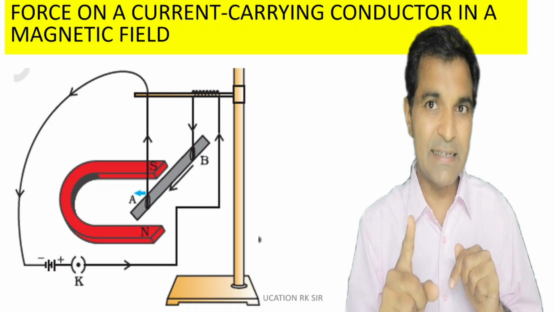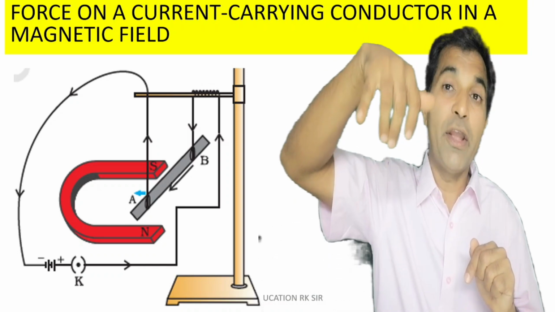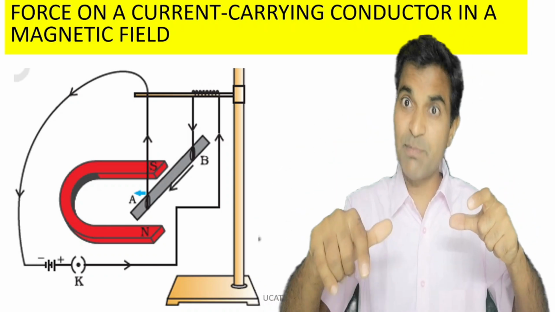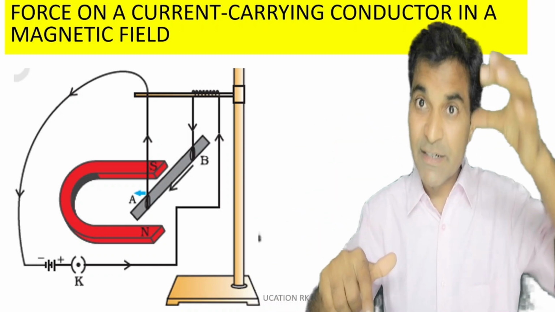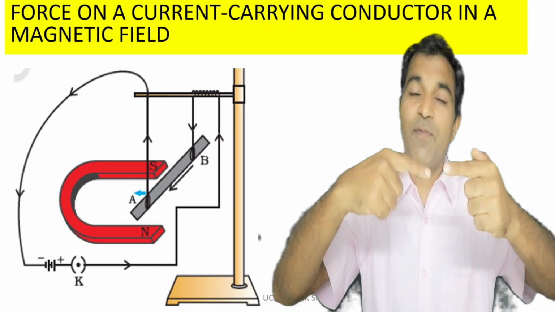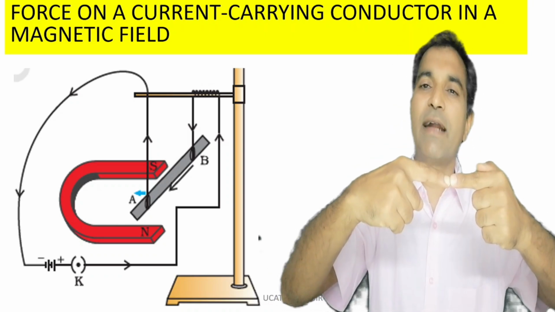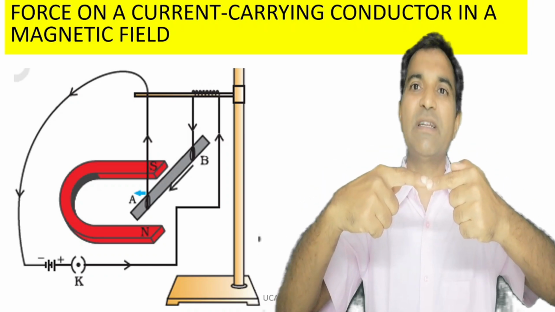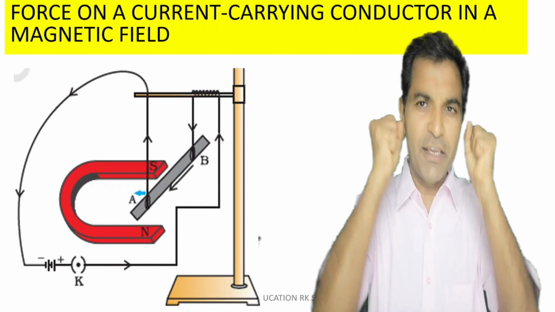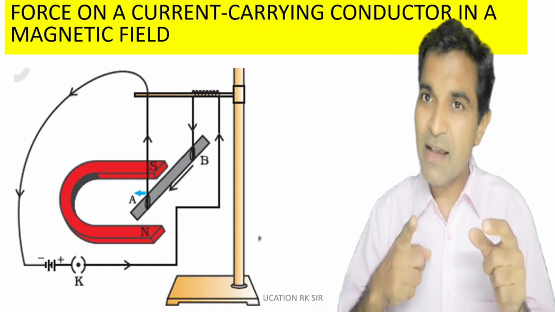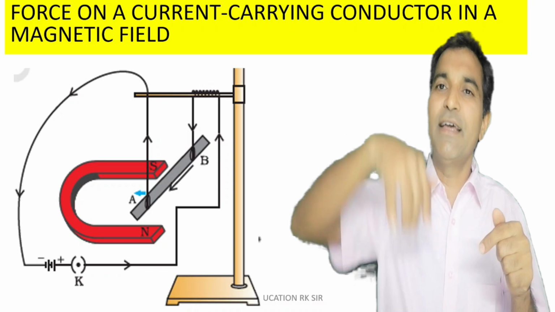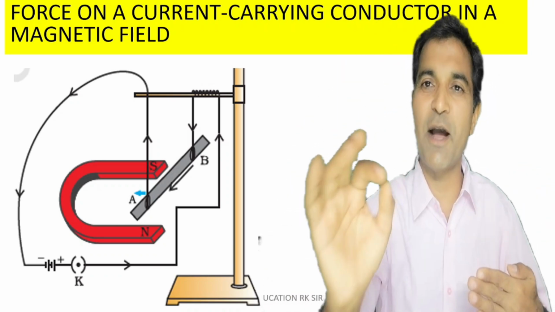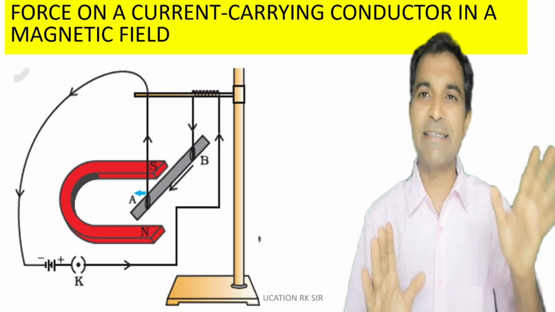When we pass the current, that suspended rod will behave as a magnet, and when this magnet interacts with the real magnet, if SS poles or NN poles are there, they will repel. If N and S poles come into picture, then they will start attracting. In short, if we pass current through a freely suspended conductor, it will experience a force due to the magnetic field.